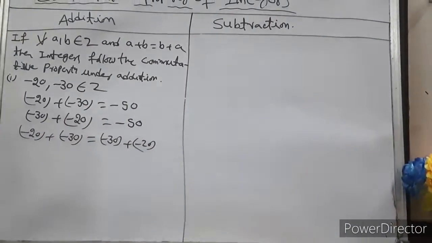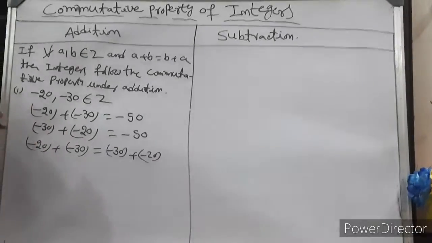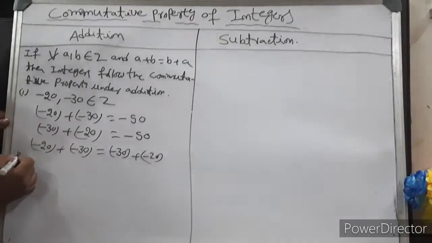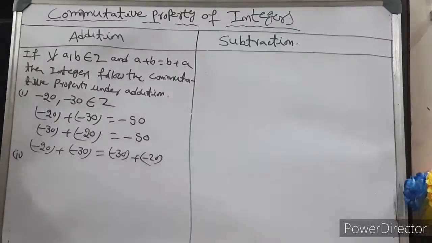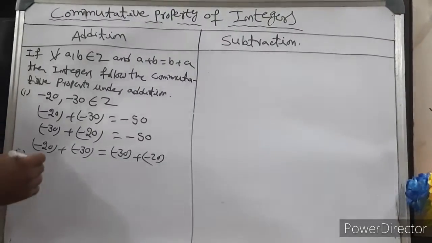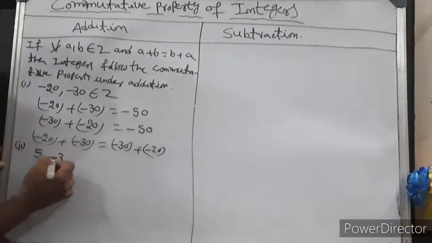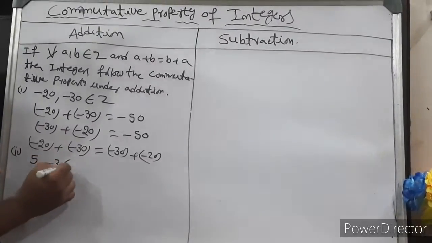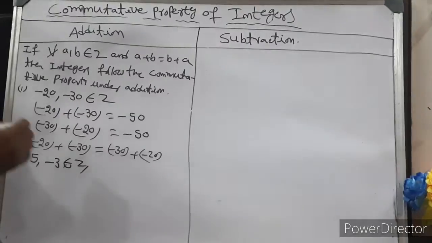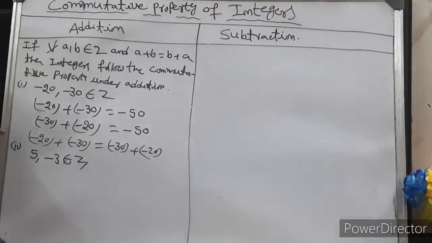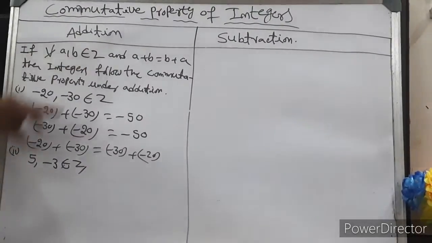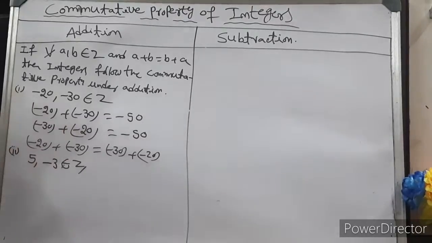And also you take another example. Suppose 5 and minus 3 belong to Z. Take 5 as a and minus 3 as b.